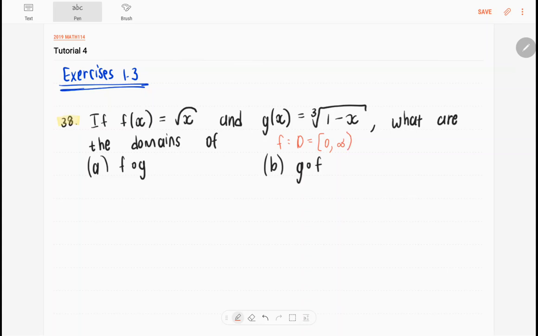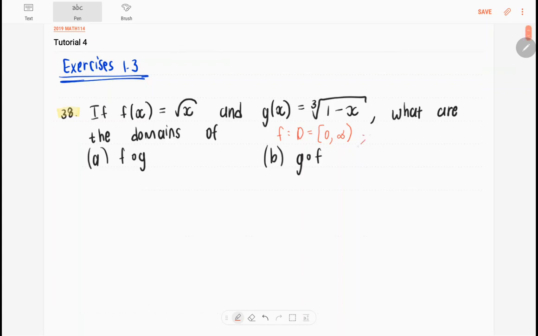Because we can't take the square root of a negative number. And g's domain is going to be what? Well, we are taking the cube root of 1 minus x in g. So that means that the domain will be all real numbers.